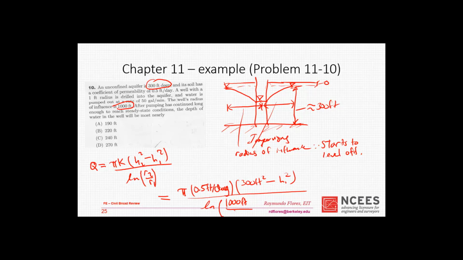And then R1 is the radius of the well, so that's going to be equal to Q, which we said is 50 gallons per minute. Now we just have to solve for H1. So what's H1?